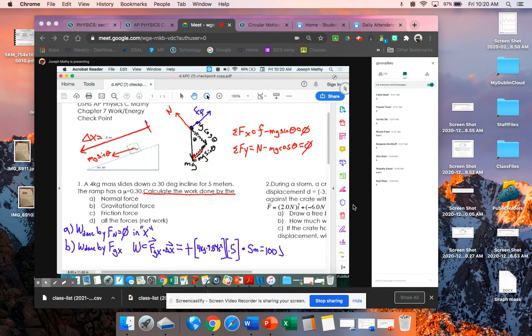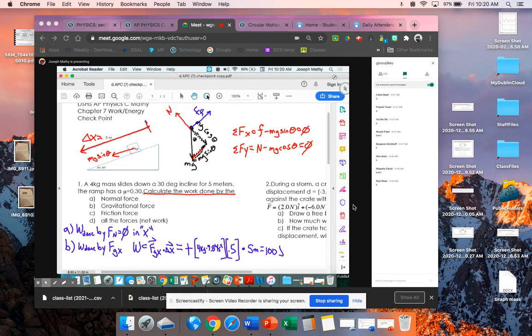Now, we can take a look at what that friction force has to offer us as well. And that's pretty easy stuff too. The gravitational force has got 100 joules.